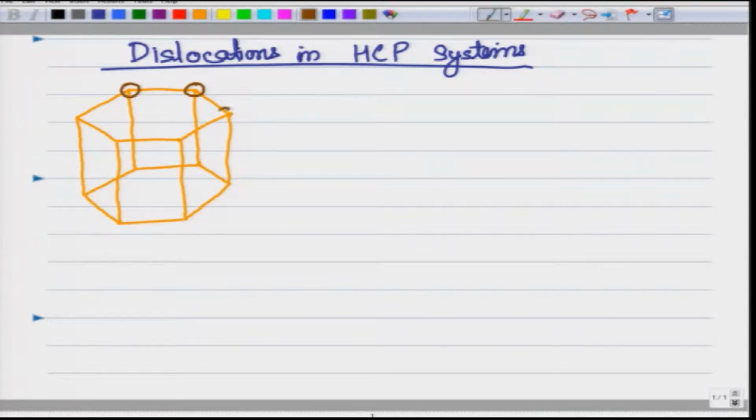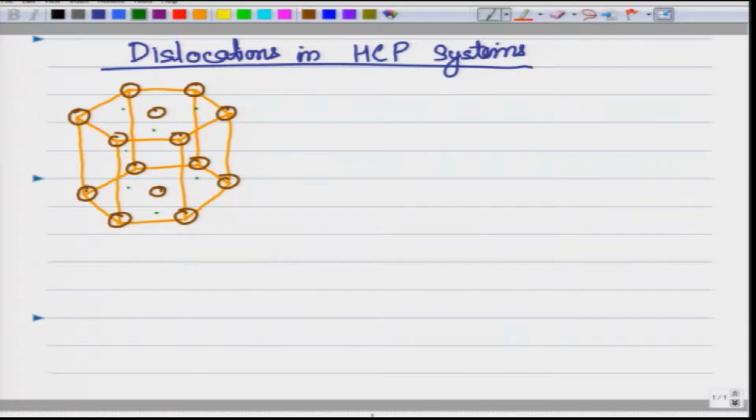So there are atoms in here and there is also an atom over here in the center. Similarly, there are atoms over here and there is an atom in the center. There is also another layer over here, where you can say the center of this line, another center of this line, another center of this line.